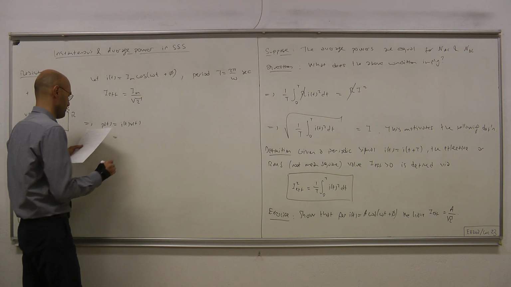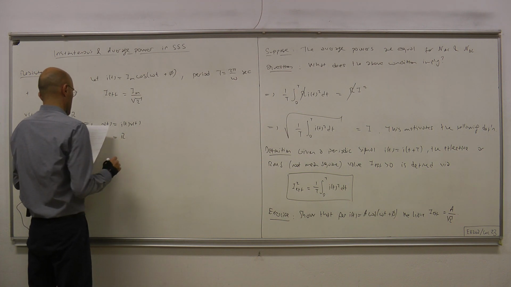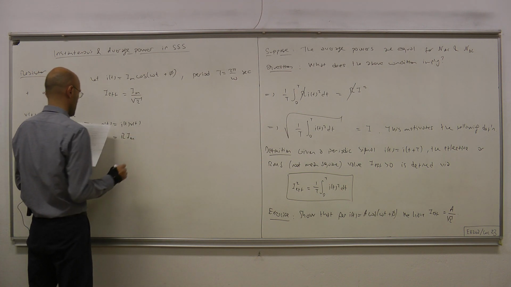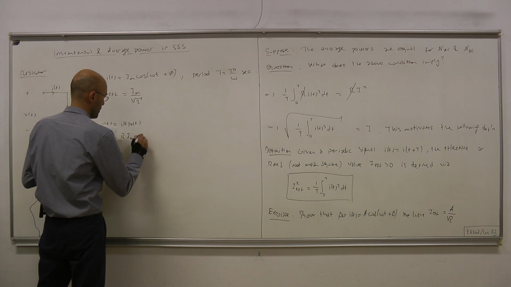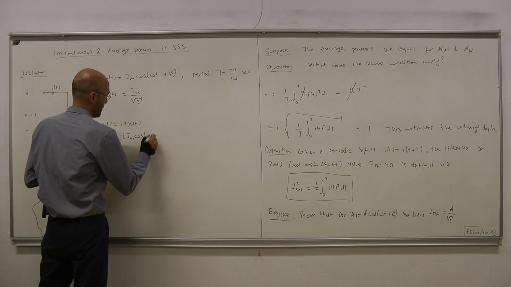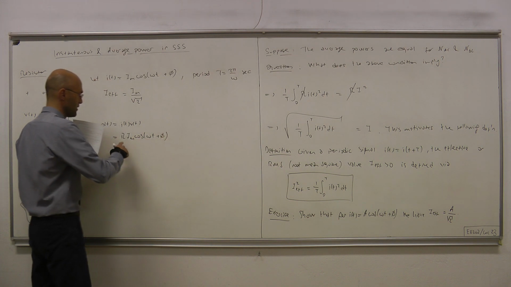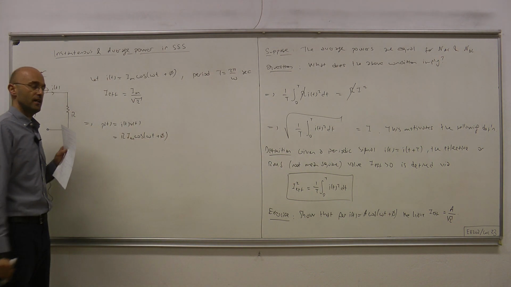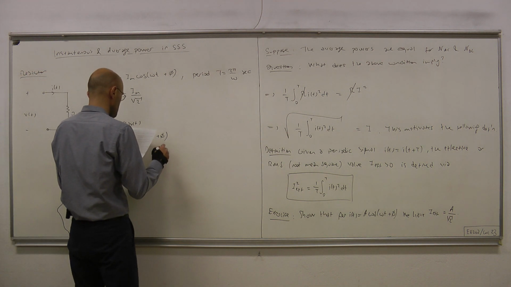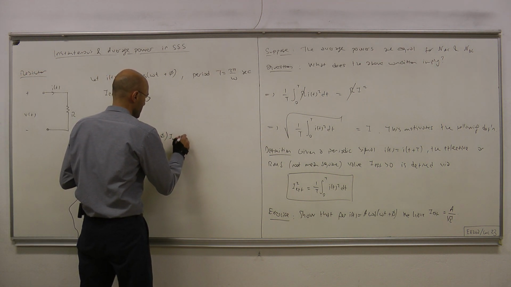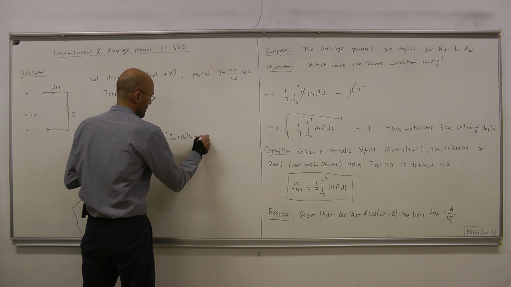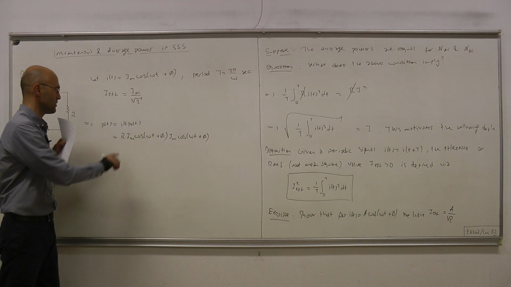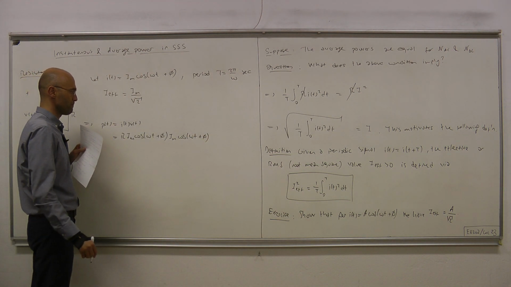And that equals R times Im cosine omega t plus phi. Okay, so R times i, that's v, and we have another i, so that makes Im cosine omega t plus phi. Basically, what we have is R times i(t) squared.